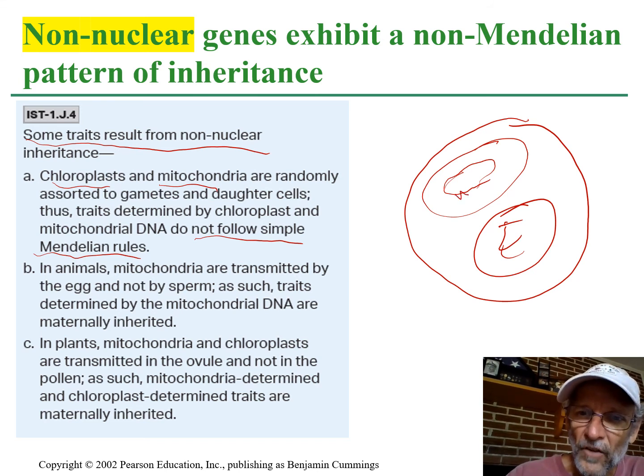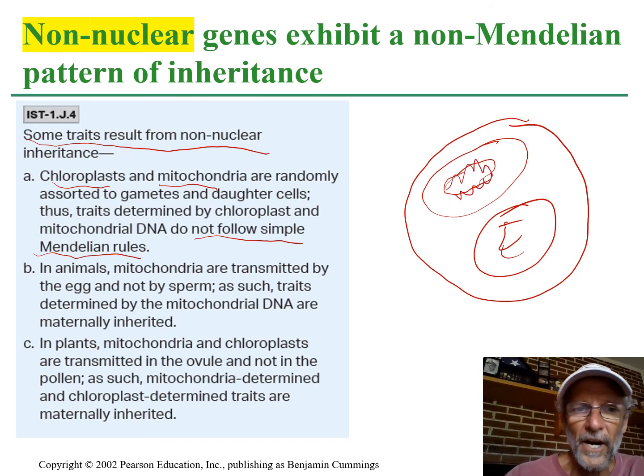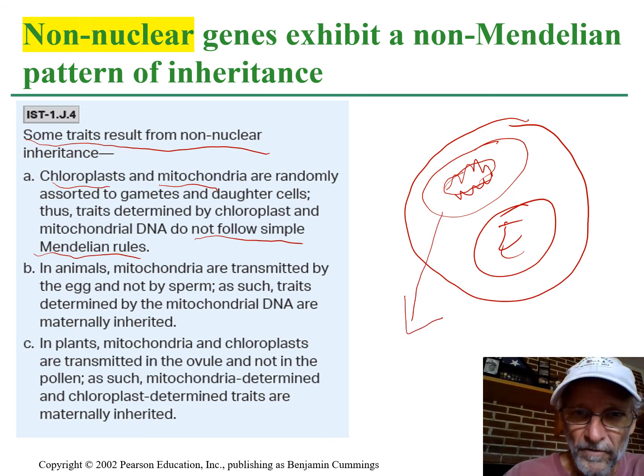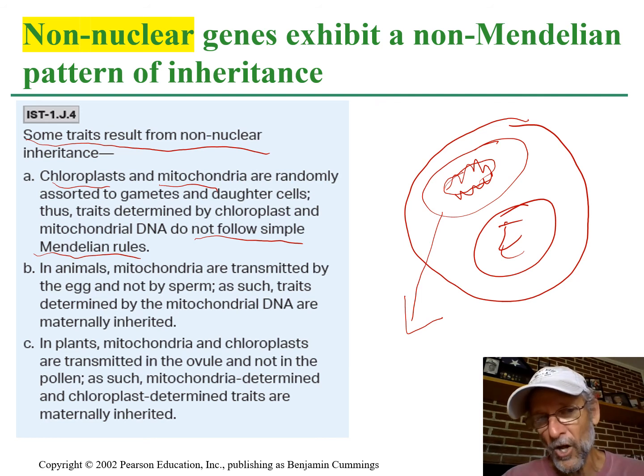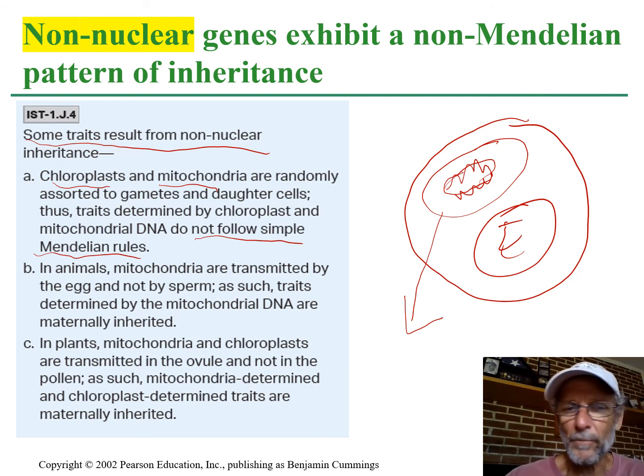These genes on this circular mitochondrial chromosome, or if you're a plant, the chloroplast chromosomes, they only come from mom. And you're only going to get one of them. You're not going to get one from dad at all, right? And mom doesn't have a pair that's going to separate, so it's quite different from Mendelian rules.